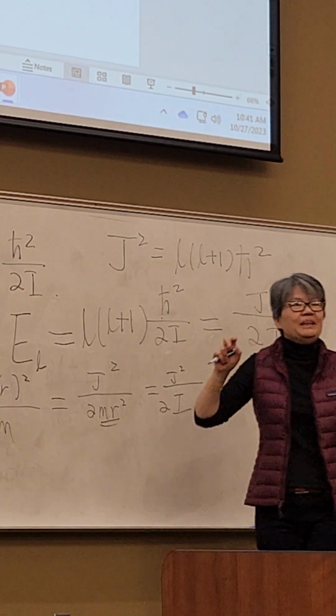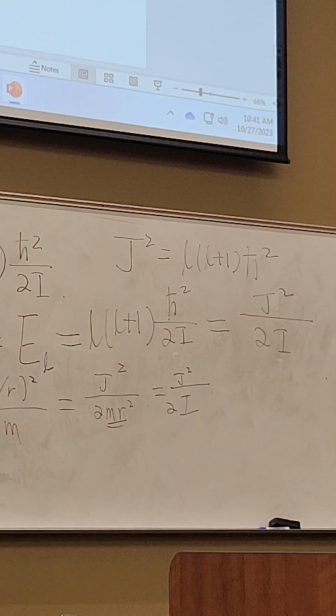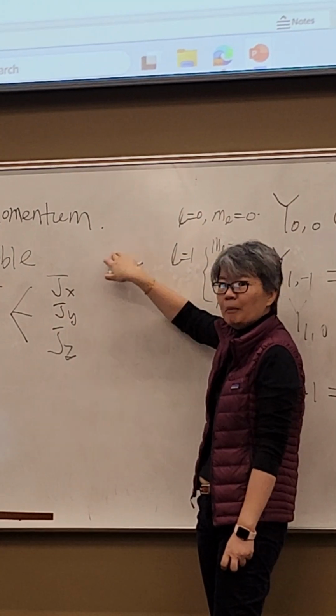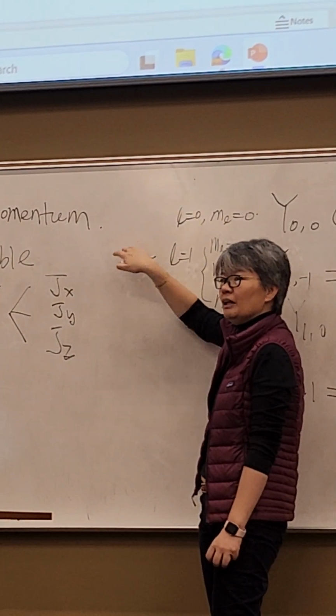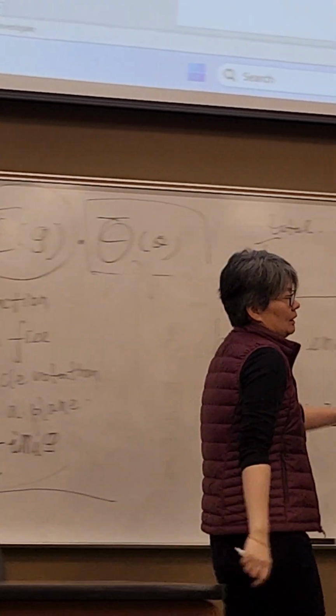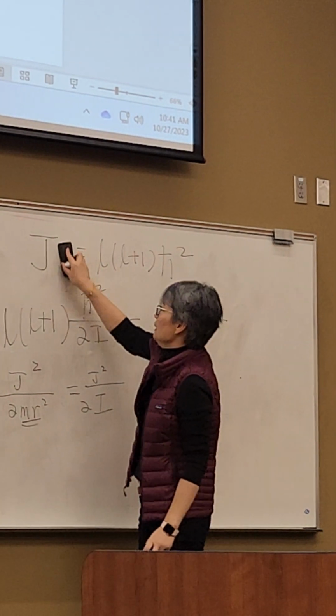So this gives us an idea how to calculate the magnitude for the angular momentum, or the observable for the angular momentum for rotation on a sphere. Because now, of course, we're given a square. How am I going to know just the J value?